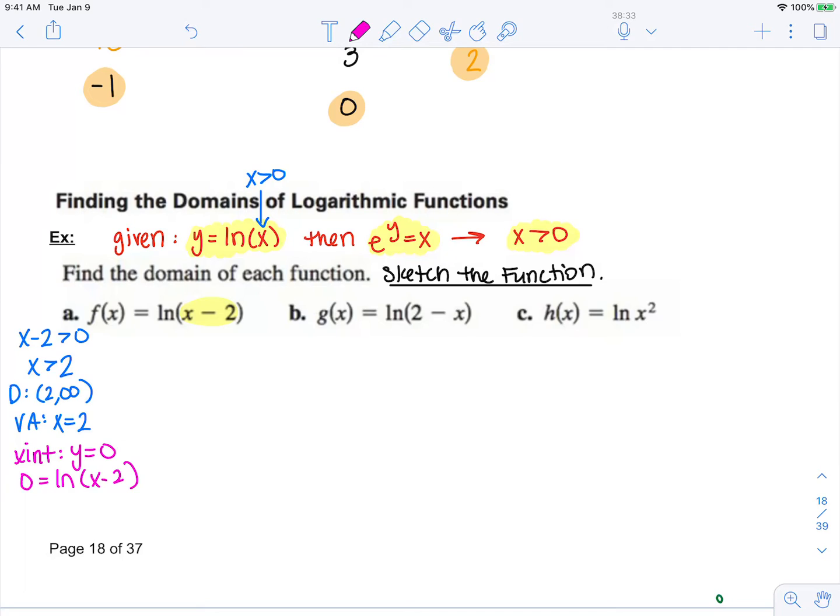I can rewrite this in exponential form: e to the 0 equals x minus 2. Remember, anything to the 0 power is 1. So 1 equals x minus 2. If I add 2 to both sides, x equals 3 is my x-intercept.